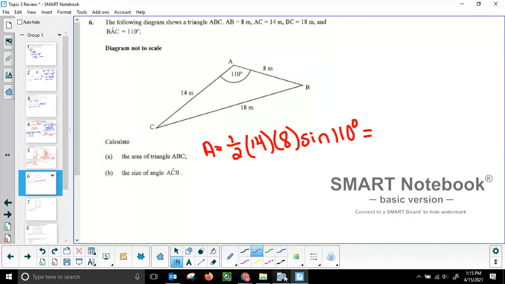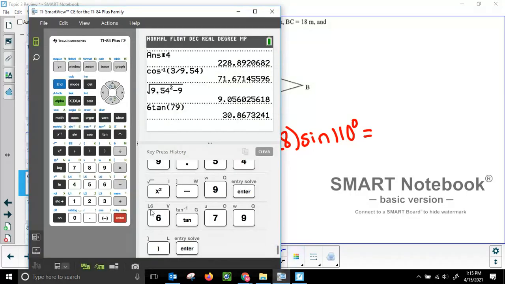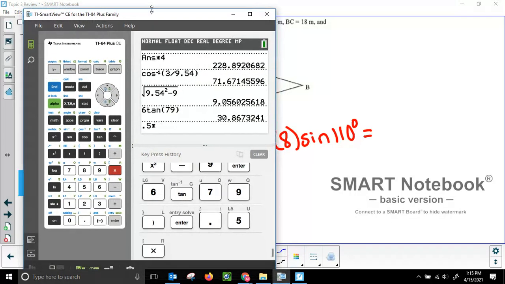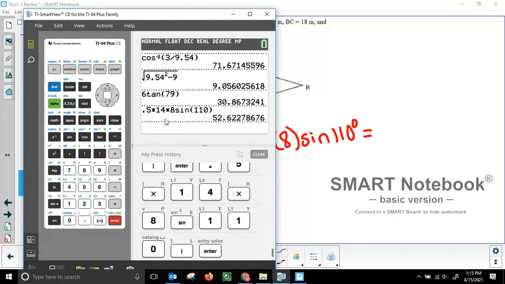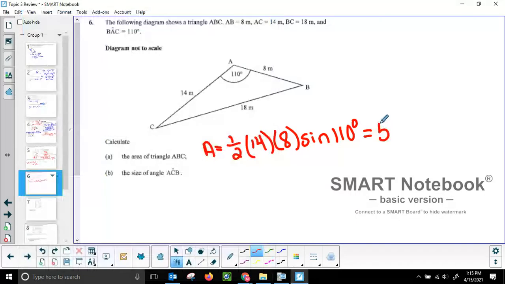So we go ahead and plug that in our calculator. All right, so 0.5 times 14 times 8 times the sine of 110, and we get 52.6. And that would be meters squared.